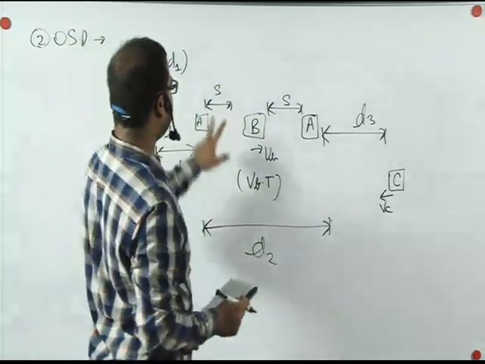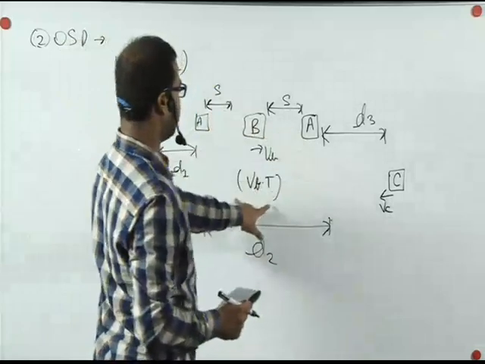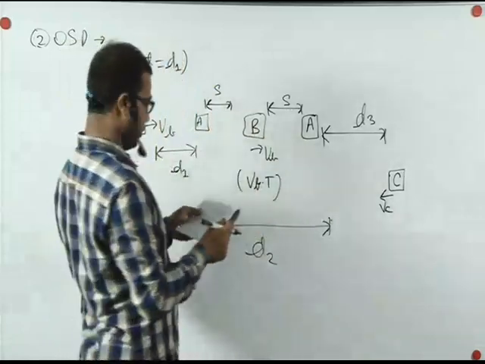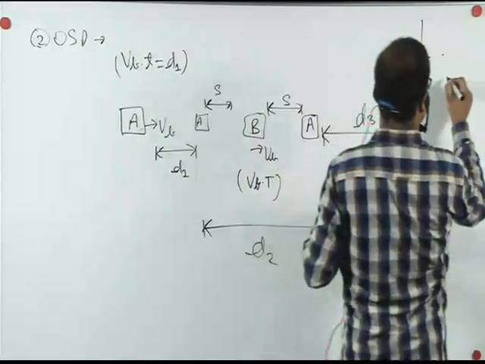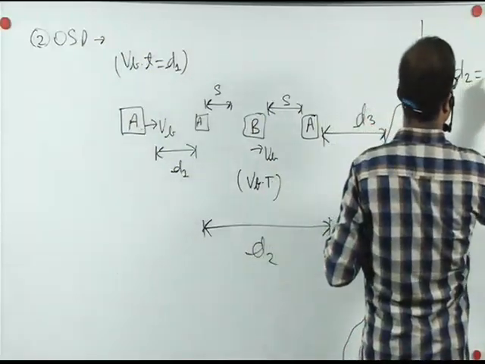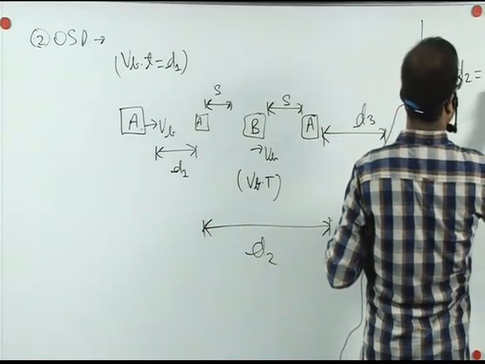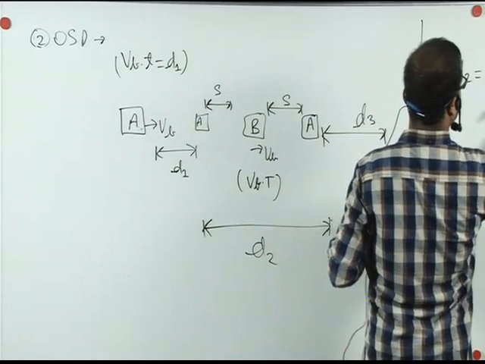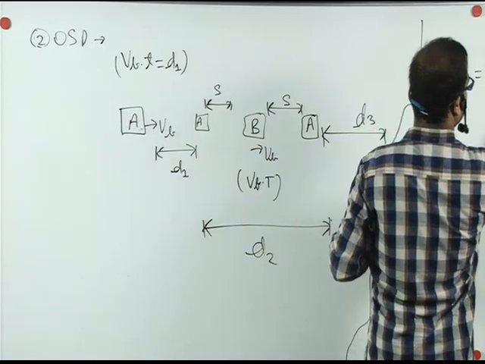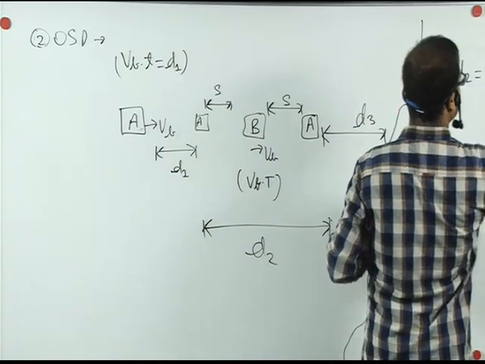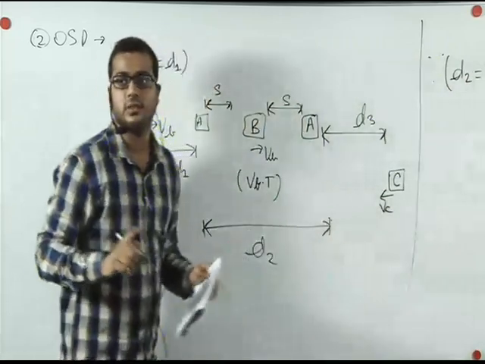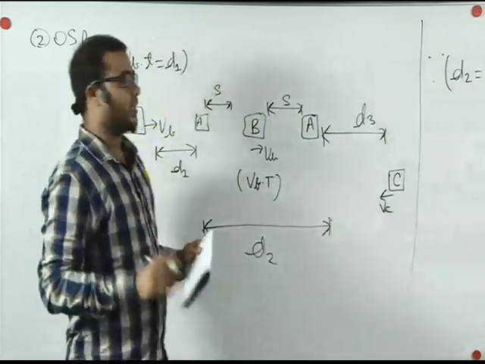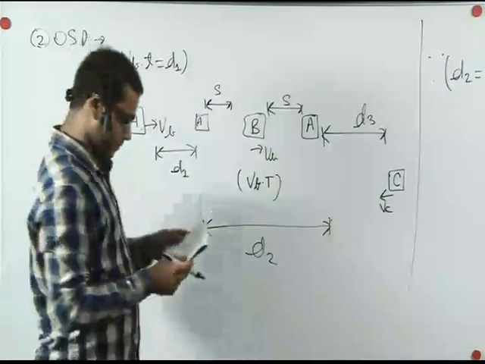So what is D2? D2 is 2 times S plus this much distance. So here we can say that D2 is Vb into T plus 2S. Here this capital T is not the reaction time. We will consider it later.